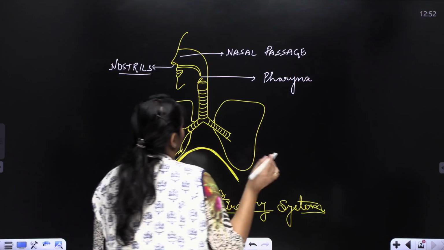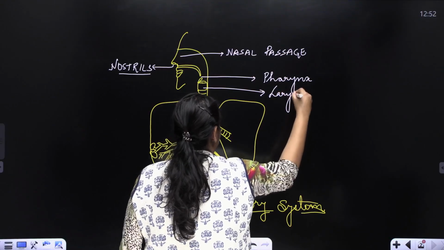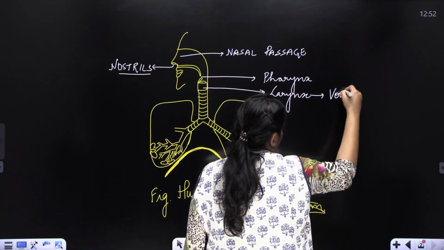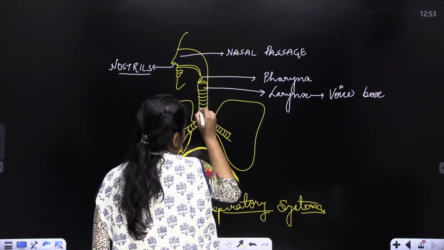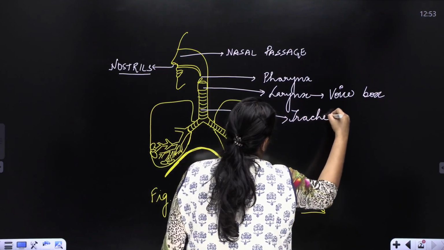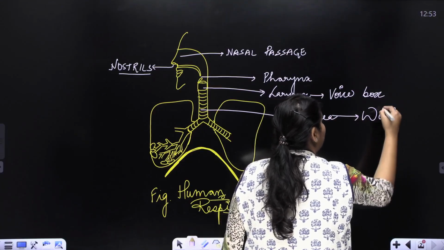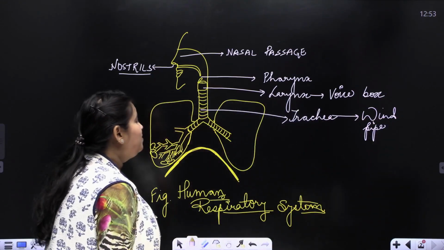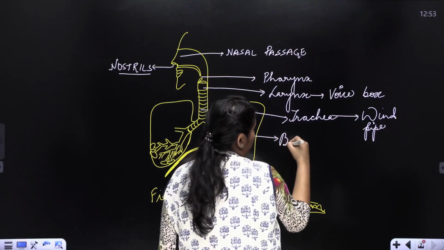Then this is the larynx or the voice box. Then this is the trachea, which is the windpipe. The trachea divides into two parts which are known as bronchi.